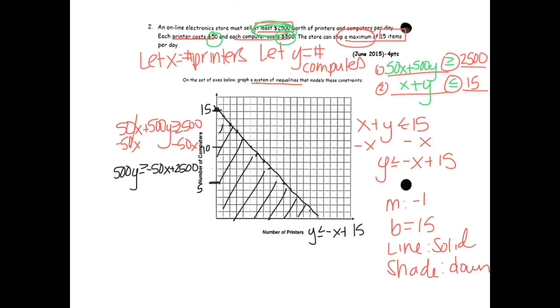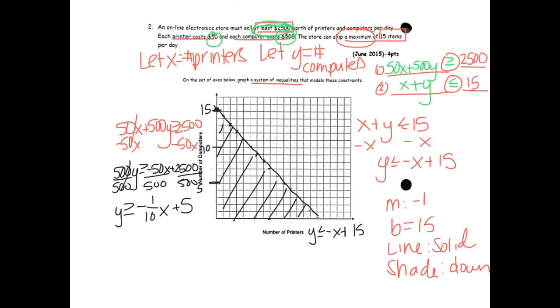Okay, and then we're going to divide everything by 500. So we have y is greater than or equal to negative. Now, this is best as a fraction, so you're going to get 0.1. 0.1 is 1/10 x. Okay, and then this should be plus 5.